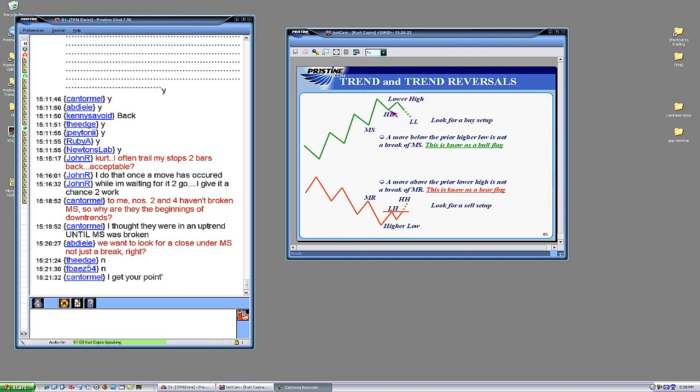Now at this point you should see that this does not break major support. We're not going to consider this higher low major support because it didn't make a higher high. So this didn't break major support. Major support remains down here until a higher high is made. Right?